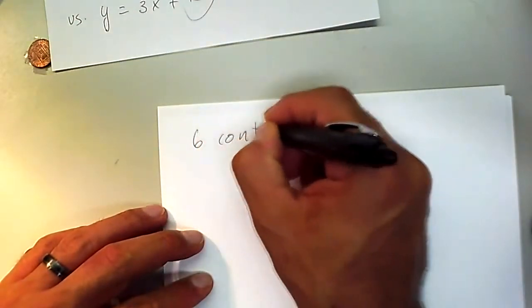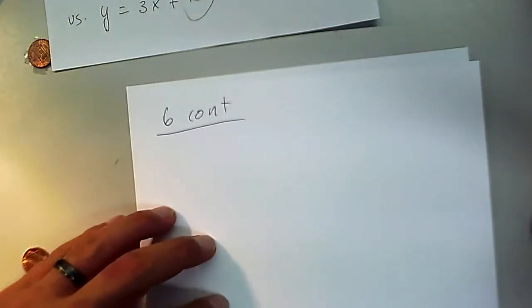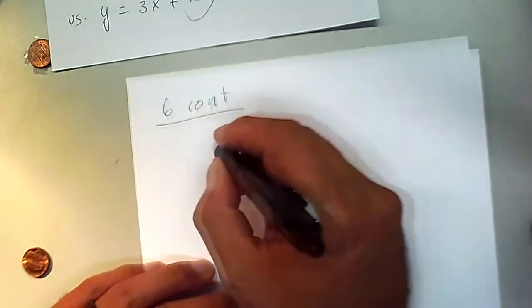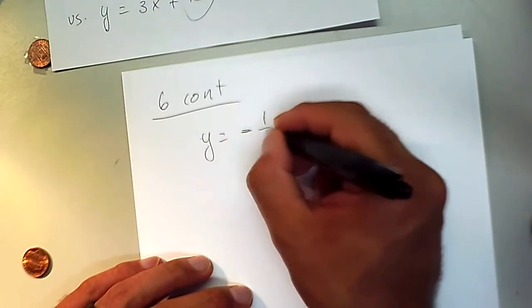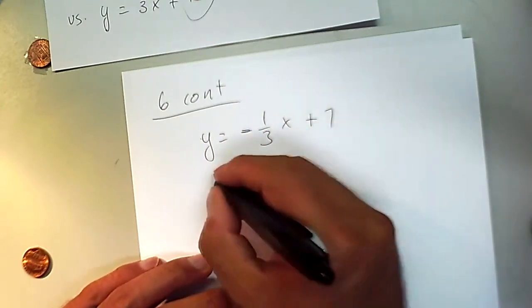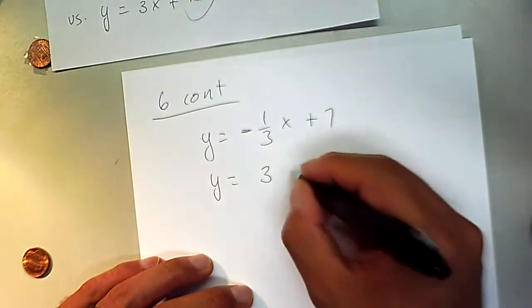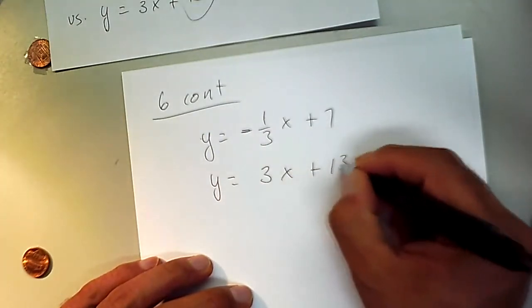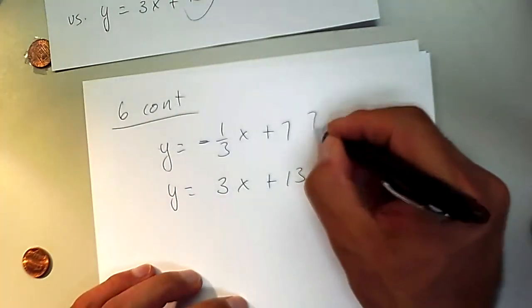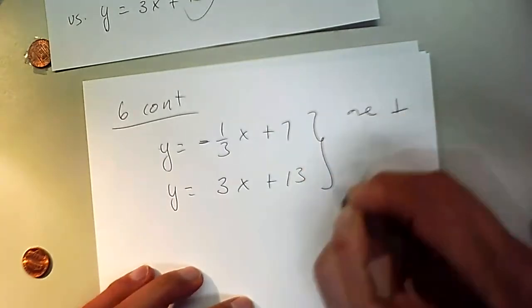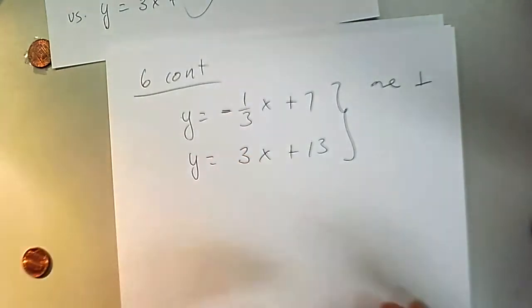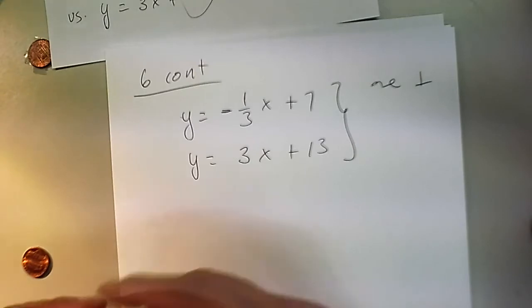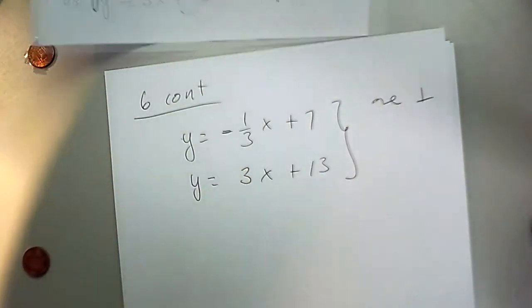Not like we have to fix it, but if we wanted to fix it, if we had -1/3 x plus 7 and kept the other one as is, then we're good, those two are perpendicular. Or you can put the negative on the other one. One of them has to be negative, otherwise we wouldn't be able to obtain a negative product. So that would fix it if we were asked to fix.